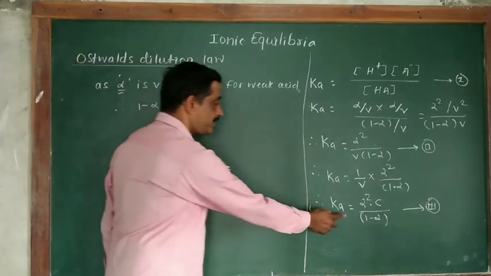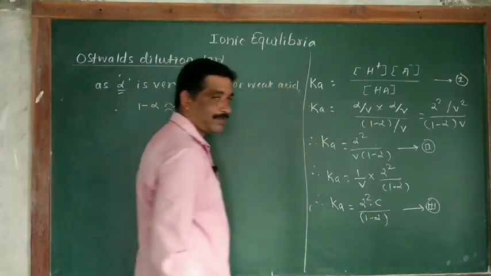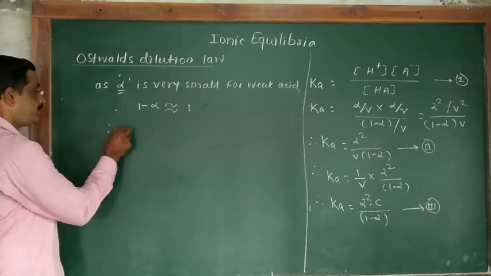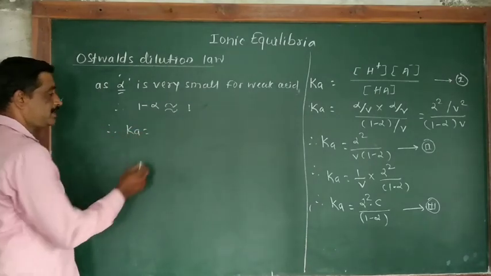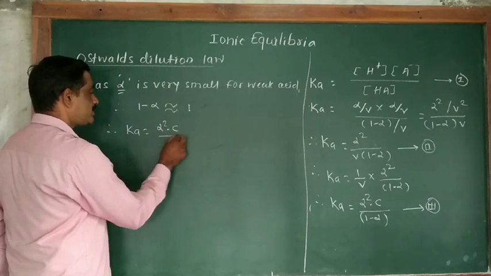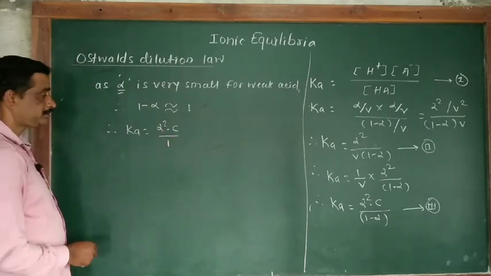So in this equation we substitute 1 minus alpha by 1, and therefore we get Ka is equal to alpha square C upon 1.